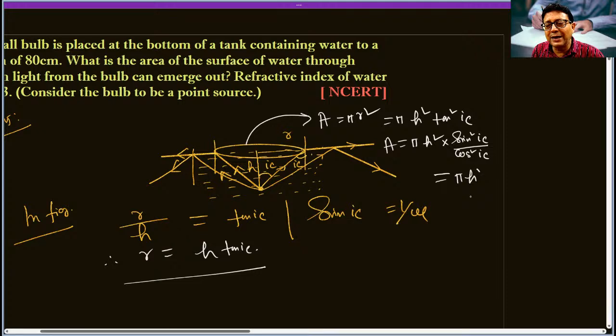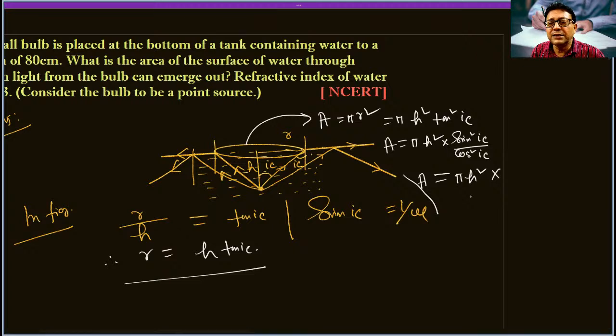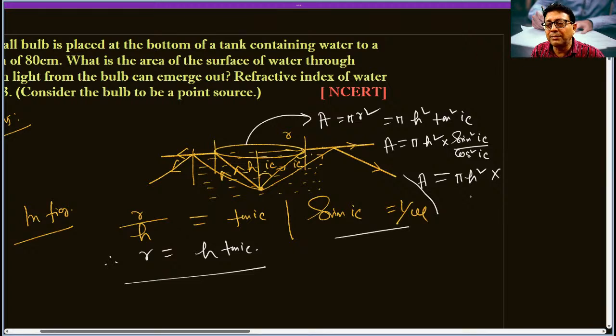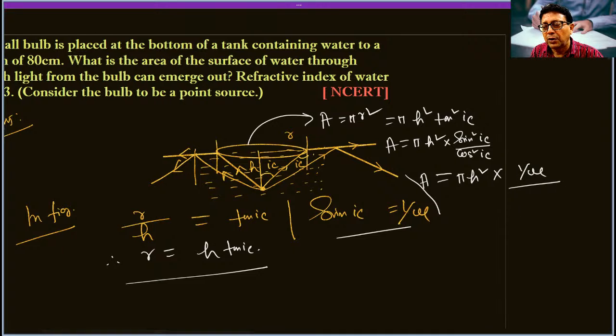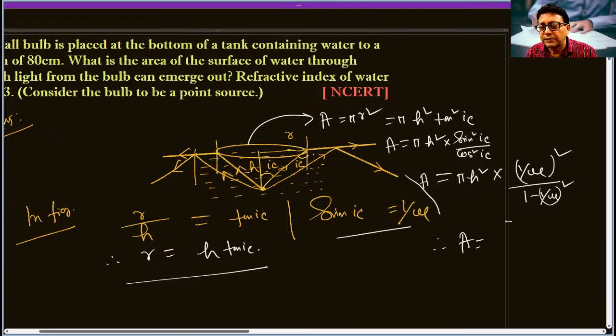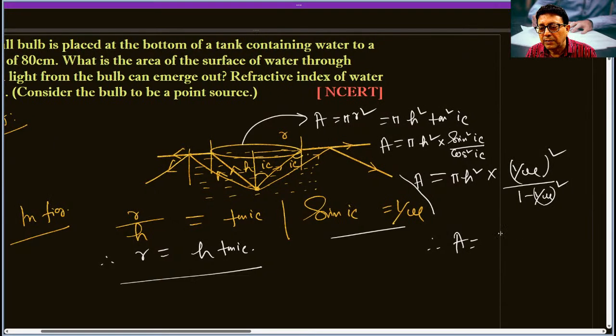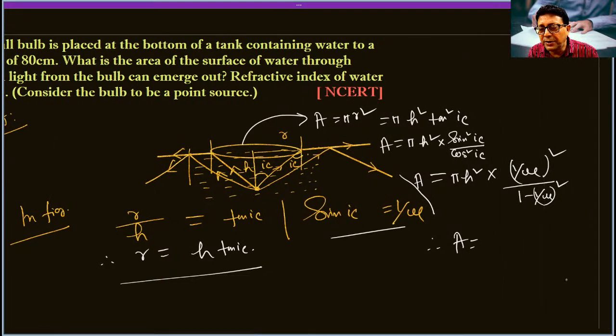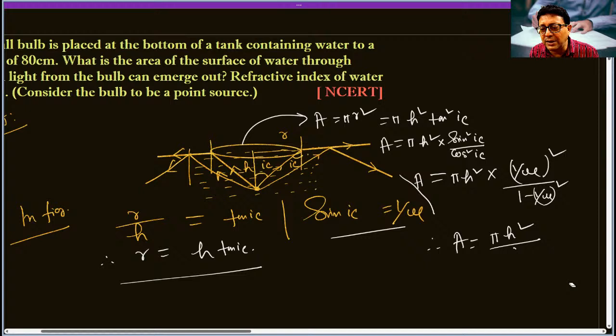So this is going to be pi H square, sin square IC, you write sin IC as 1 by mu, and cos square IC as 1 minus 1 by mu whole square. So finally A is going to be pi H square by mu square minus 1.